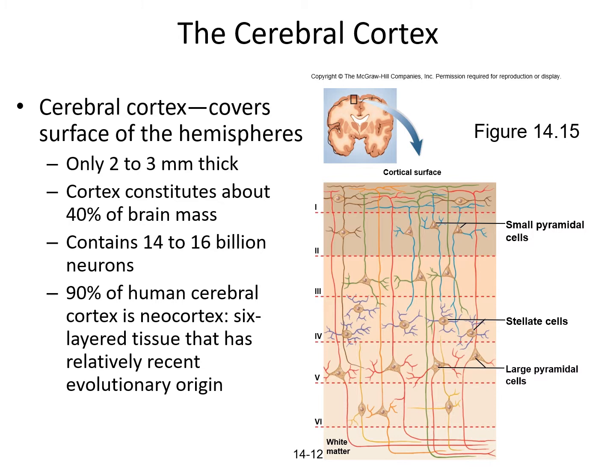So it's a 6-layered tissue that has a relatively recent evolutionary origin. And this figure 14.12 just shows the different layers and how you have different types of neurons within those layers. So small and large pyramidal cells, and then your stellate cells throughout all of these layers of the cerebral cortex.